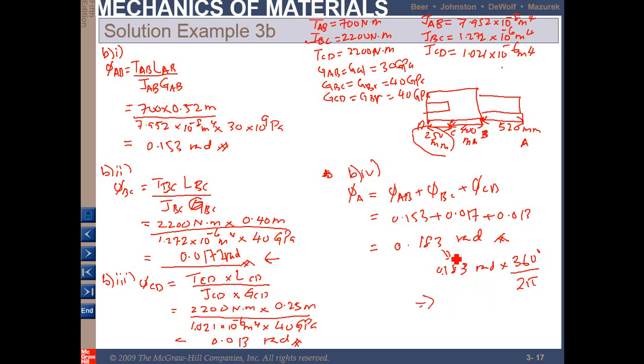So you will get around 10.5 degrees. So the answer is 0.183 radian or 10.5 degrees.